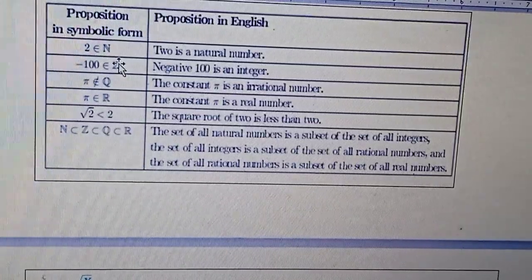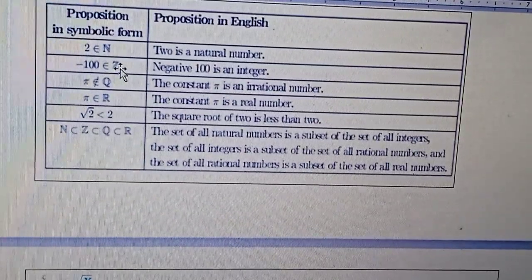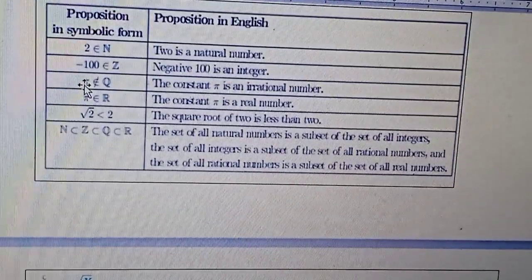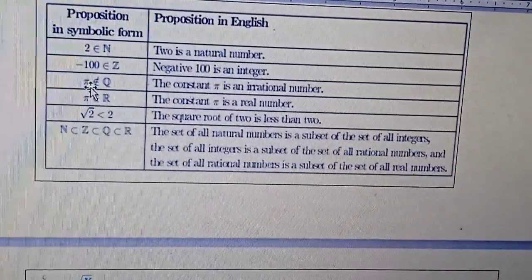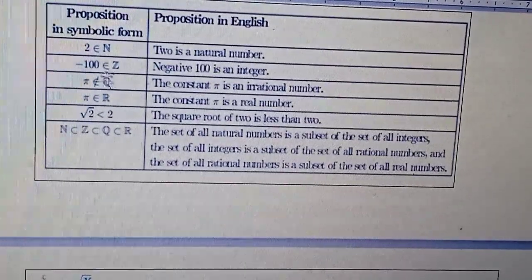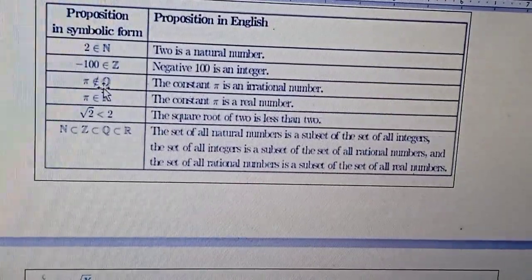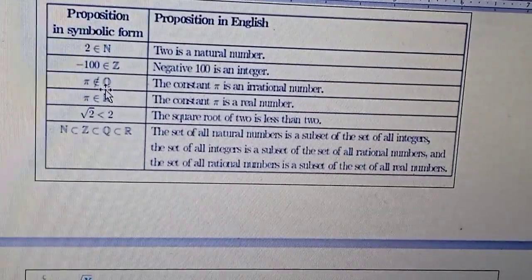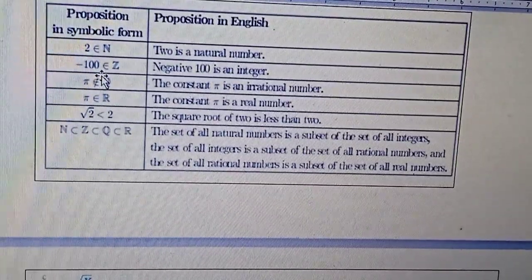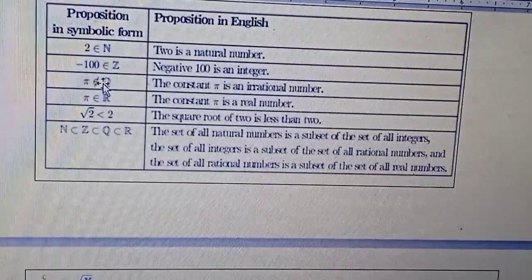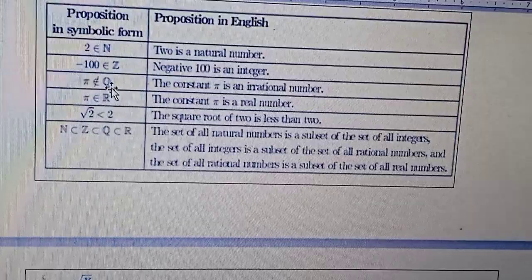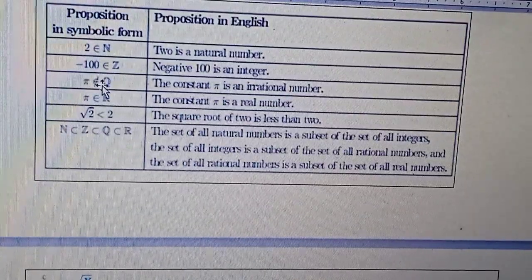Z is a symbol of an integer. Next, the constant pi is an irrational number. Q is a symbol of a rational number, but since this has a negation symbol representing not, this becomes irrational number.